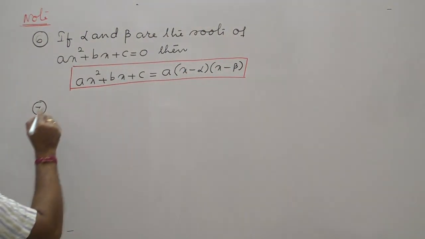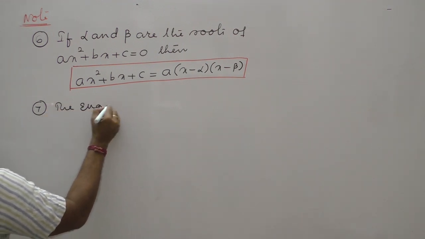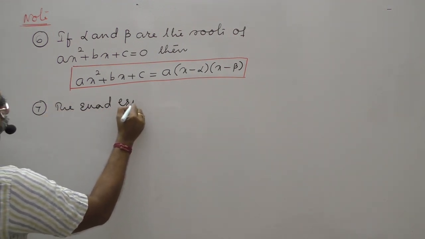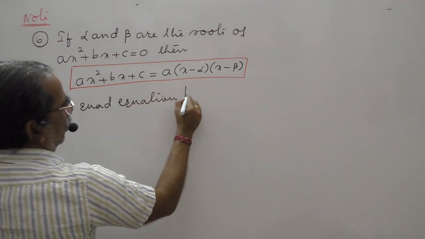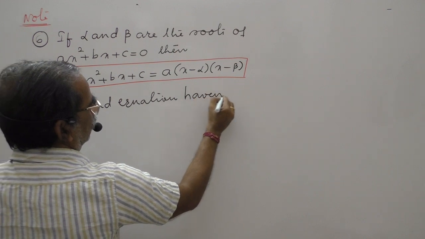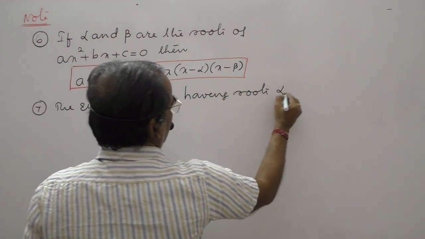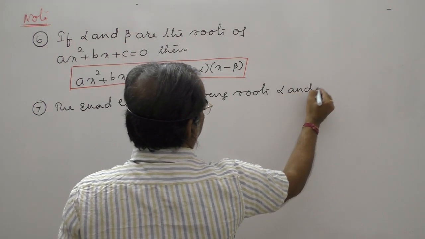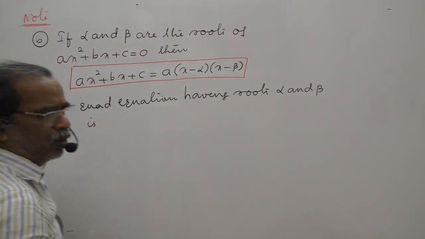This point number 7 says that the quadratic equation having roots alpha and beta is, when roots are given, how to write this?